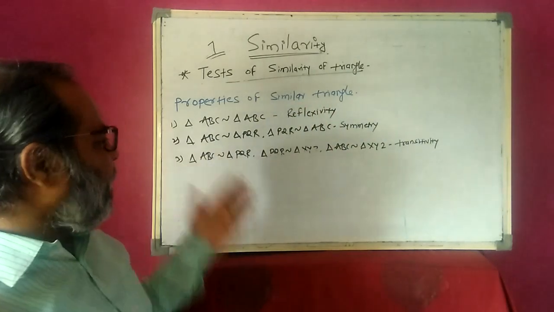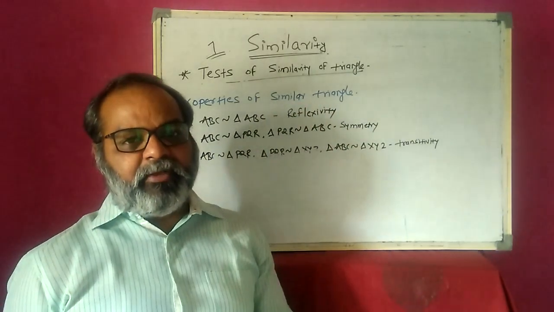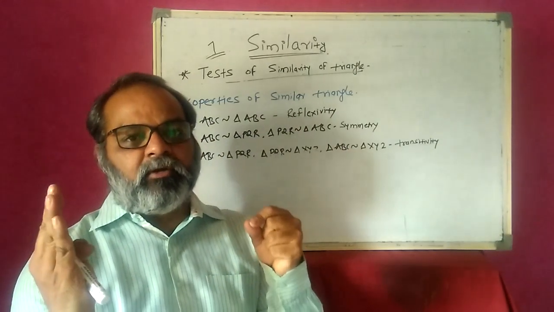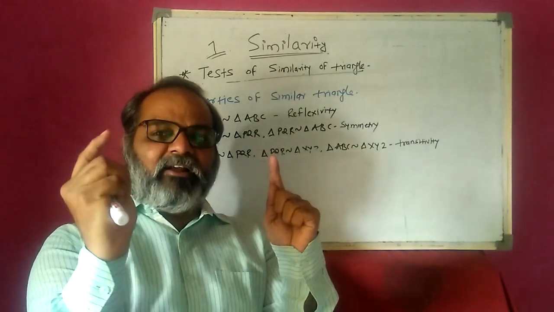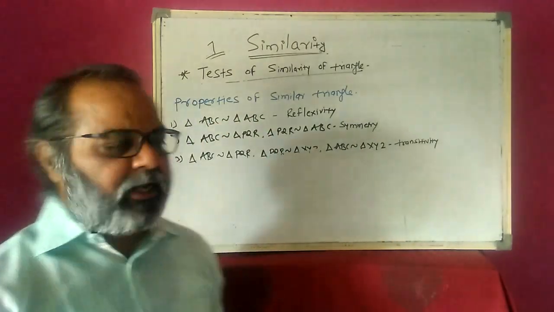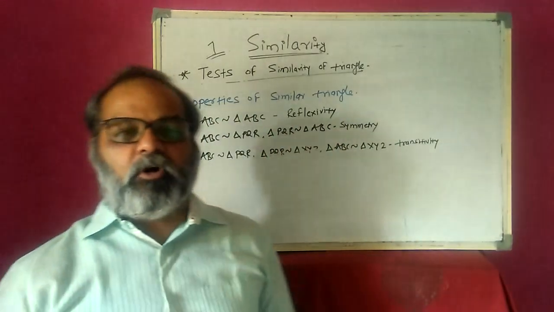The second property: if triangle ABC is similar to triangle PQR, it means that triangle PQR is also similar to triangle ABC. This property is called symmetry.